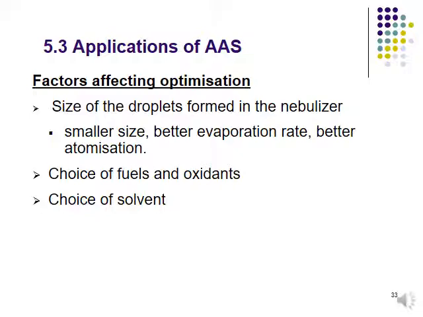If the size is bigger, the process of evaporation will be difficult, and in some cases the vapor will not pass through the head burner. When it doesn't go through the head burner, there is no potential for your analytes to become atoms. So that is the problem.